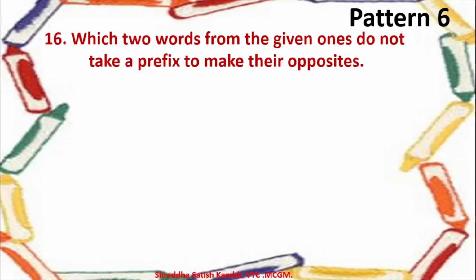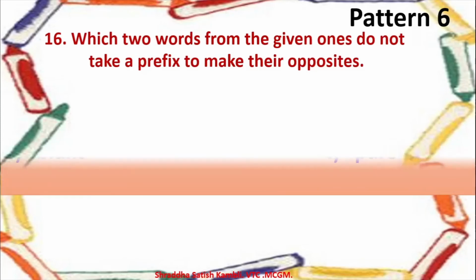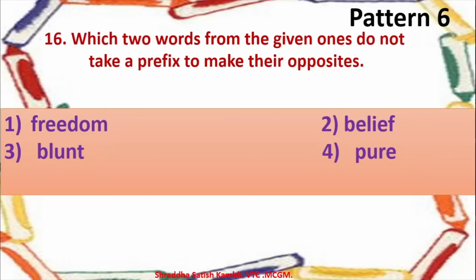So what is your job? Your job is to read the question a number of times to understand what answer they want. Here you're supposed to look at two words which do not take a prefix. You have to select two answers here. So freedom, belief, blunt, pure.